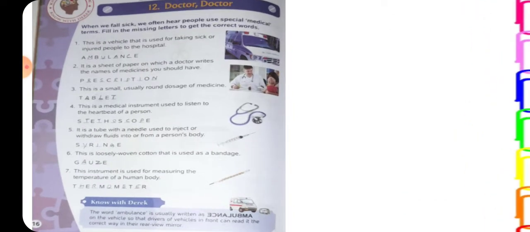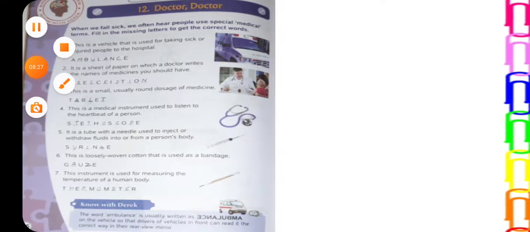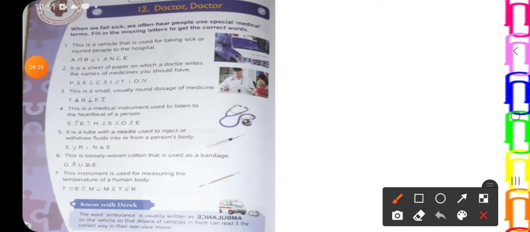Okay, now next one, you can see the picture is also given beside. So this instrument is used for measuring the temperature of a human body. So when you are having fever and you want to record your temperature, you use this instrument. All right, and here you can see this is a thermometer.